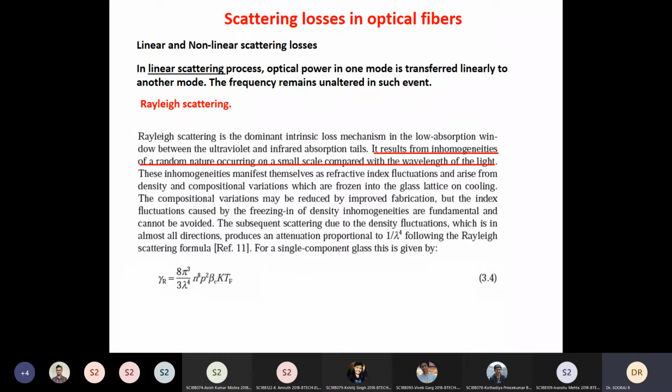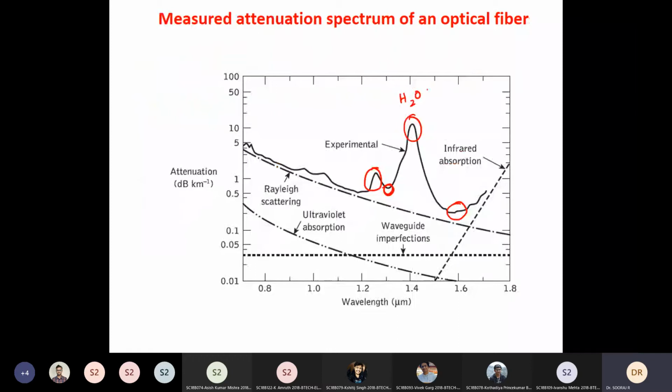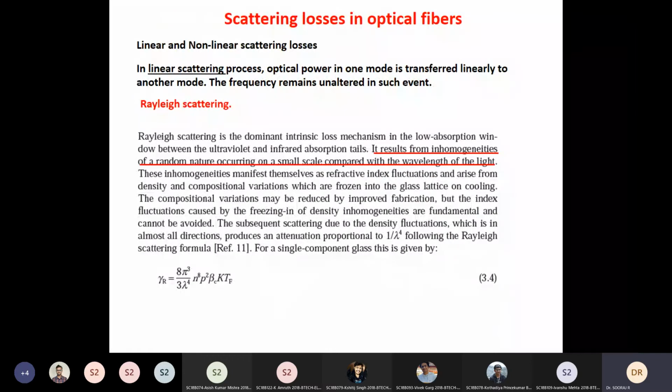So far we studied what is called the absorption loss. Absorption loss means, for example, if you have a water vapor molecule, this water vapor molecule will absorb a photon, will eat a photon, so that the photon number decreases.